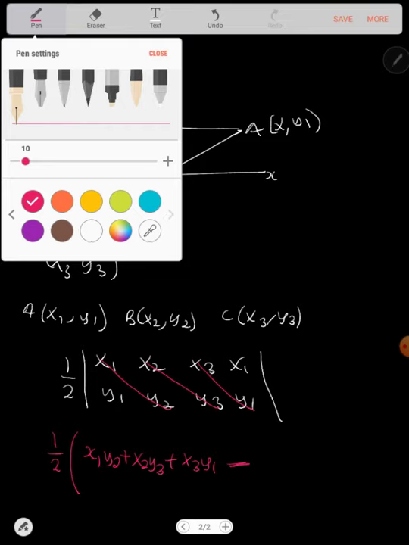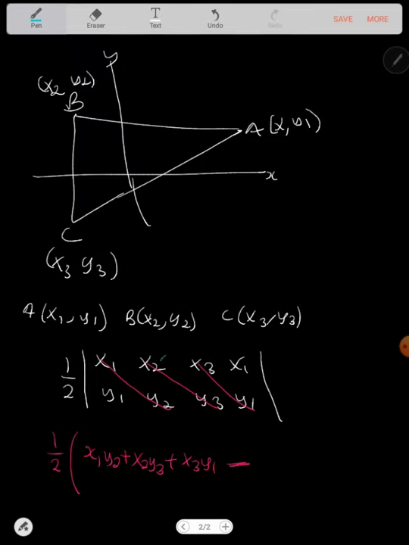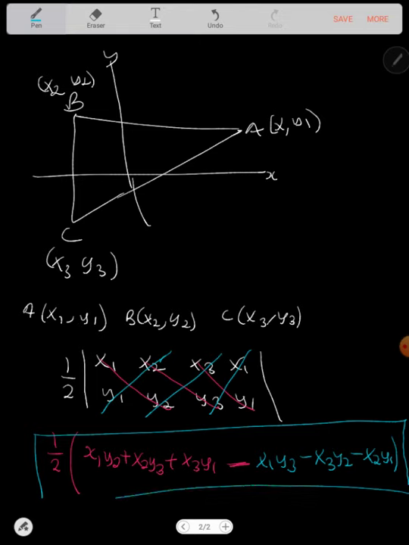Next, I'll start with this, which will go with this, so that would be x1 and y3, minus this, which goes like that, x3 y2, minus this, which goes like that, x2 y1. Then I close. So this is the formula for finding the area of a triangle given those three coordinates.